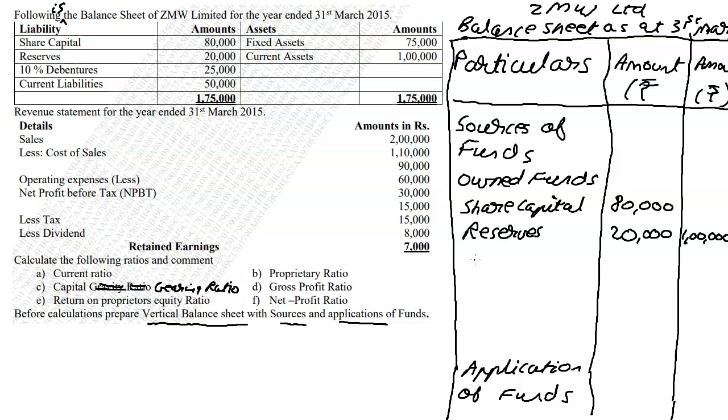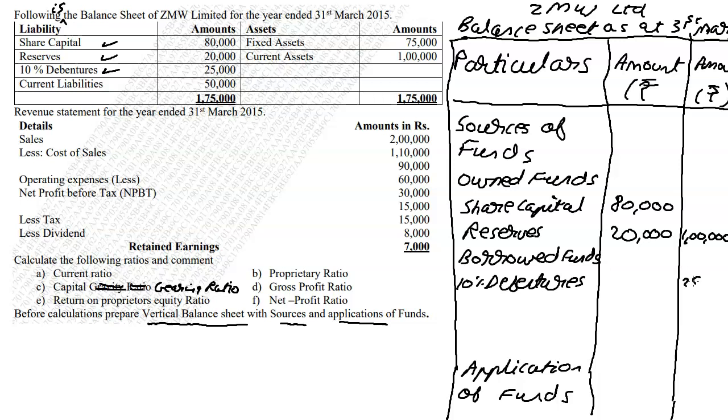Next, we have borrowed funds. Okay, borrowed funds, and only one item in borrowed funds, which is 10% debentures, which I'm directly putting in the outer column because there's only one item.